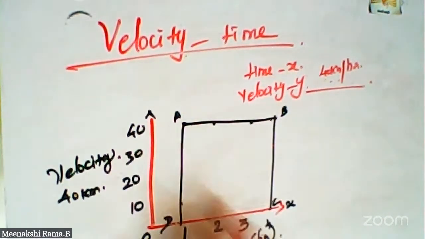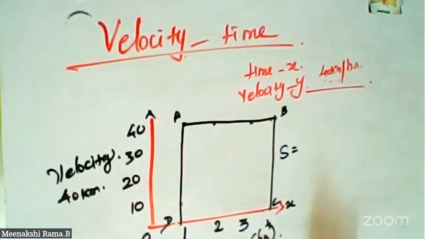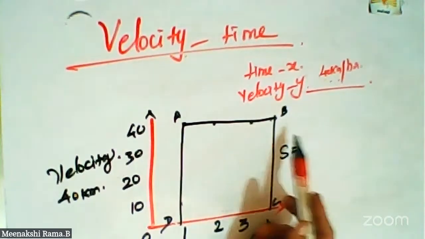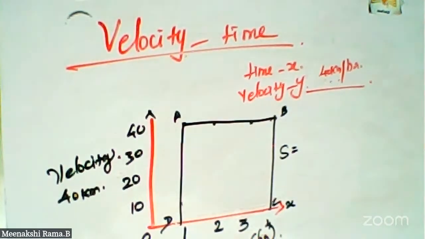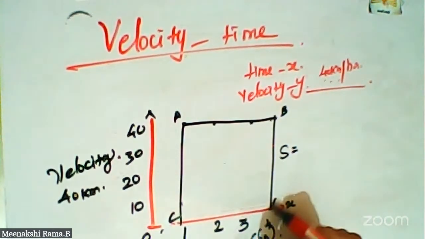So here, how can we calculate it? A, B, C, D, these are all the points. Sorry, this is C and this is D point.